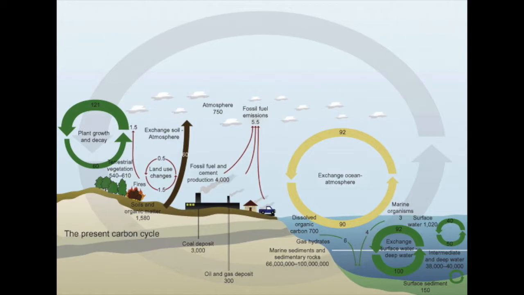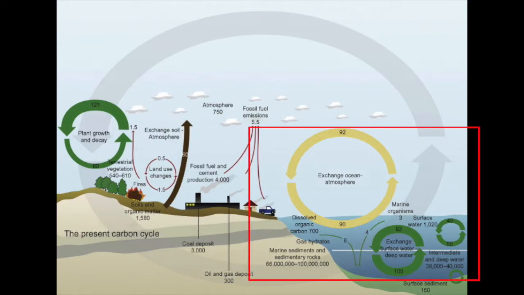But there is another process that has been affecting the carbon cycle a lot, and that is the clearing of forest and of land areas, ecosystems, that are the ones that take the majority of the CO2 from the atmosphere.